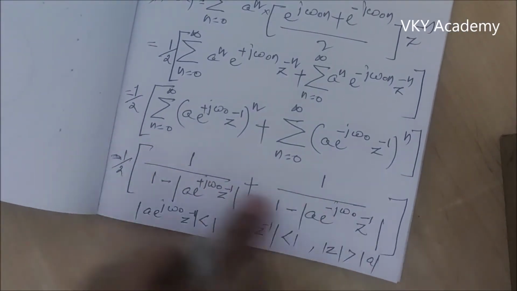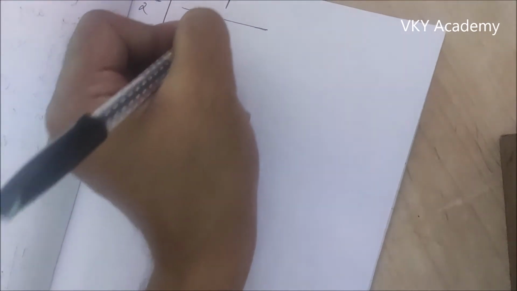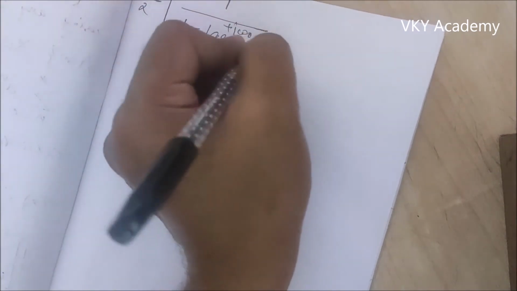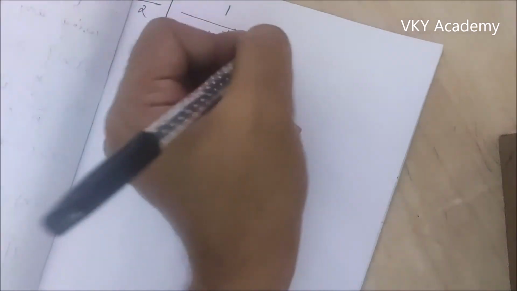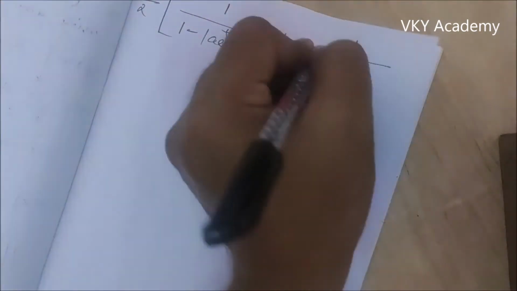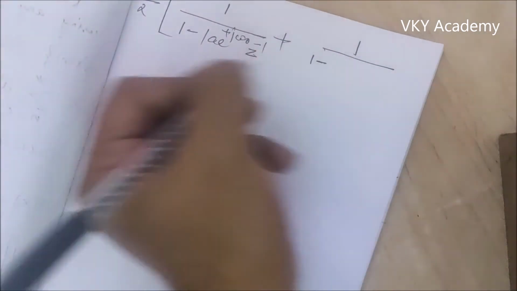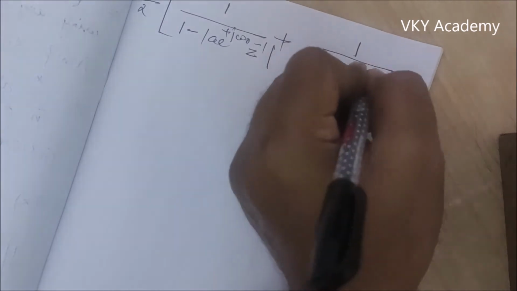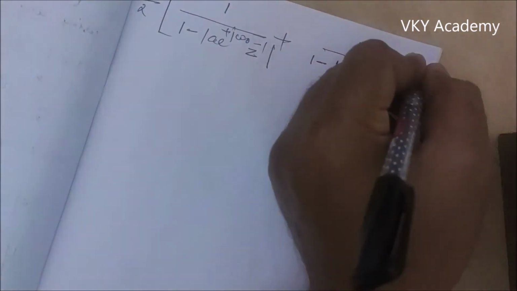So for the Z transform we will solve further, and this will be one by 2 square bracket 1 divided by 1 minus a e to the power plus j omega naught z inverse plus 1 divided by 1 minus a e to the power minus j omega naught z inverse.